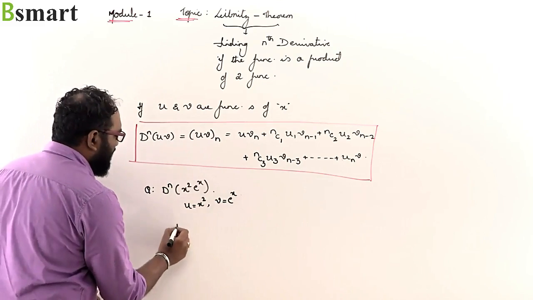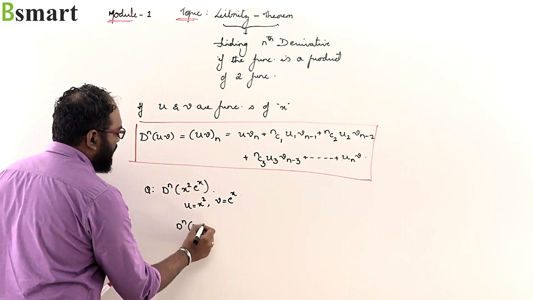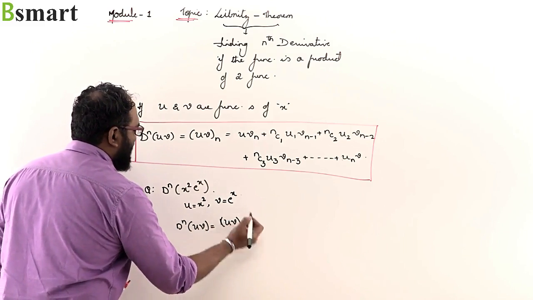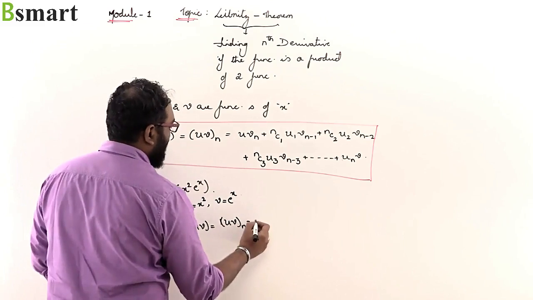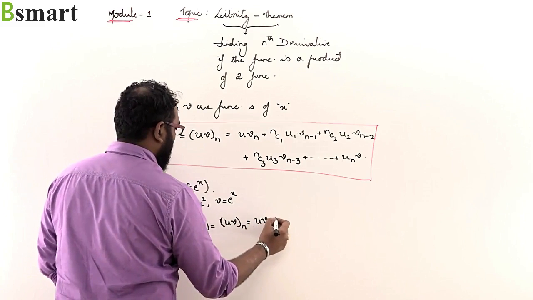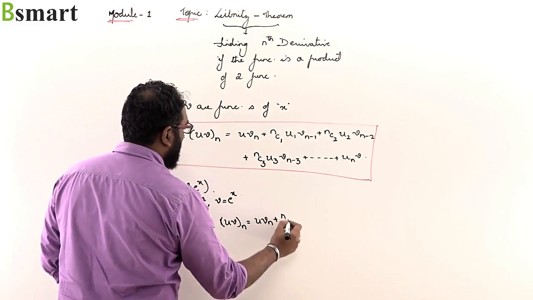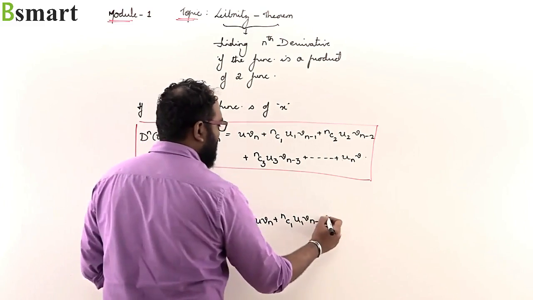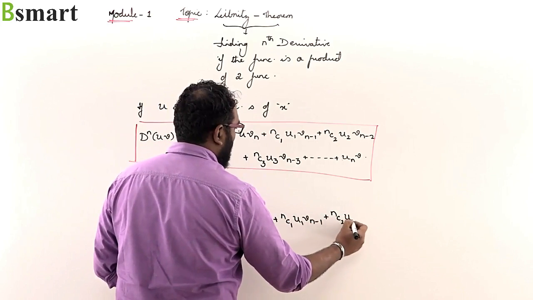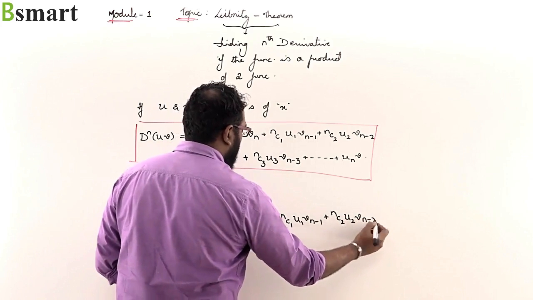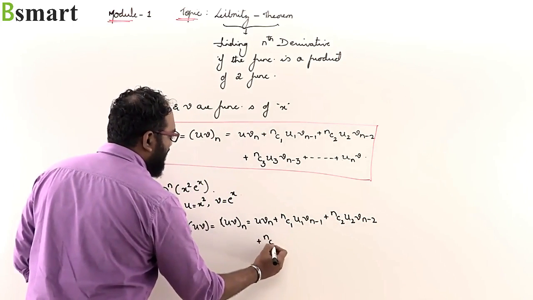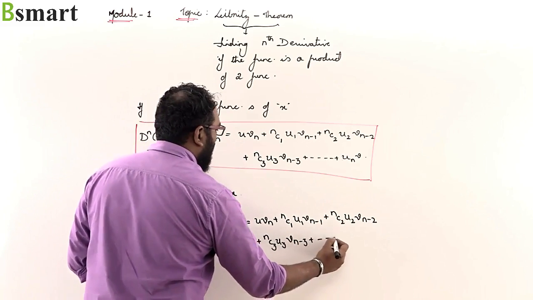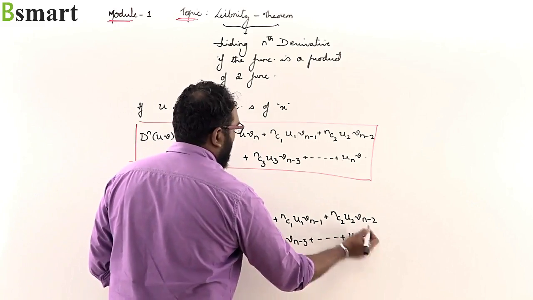Then the nth derivative of uv is given by u vn plus nC1 u1 vn-1 plus nC2 u2 vn-2 plus nC3 u3 vn-3 plus so on plus un v.